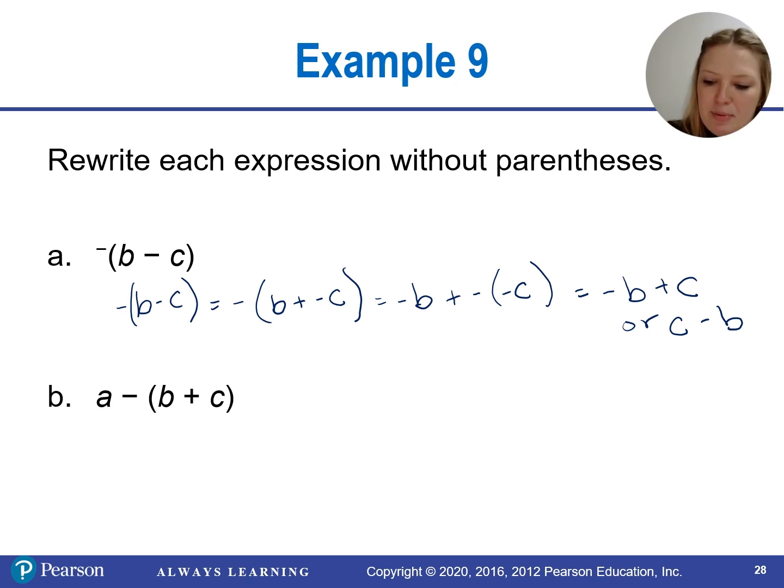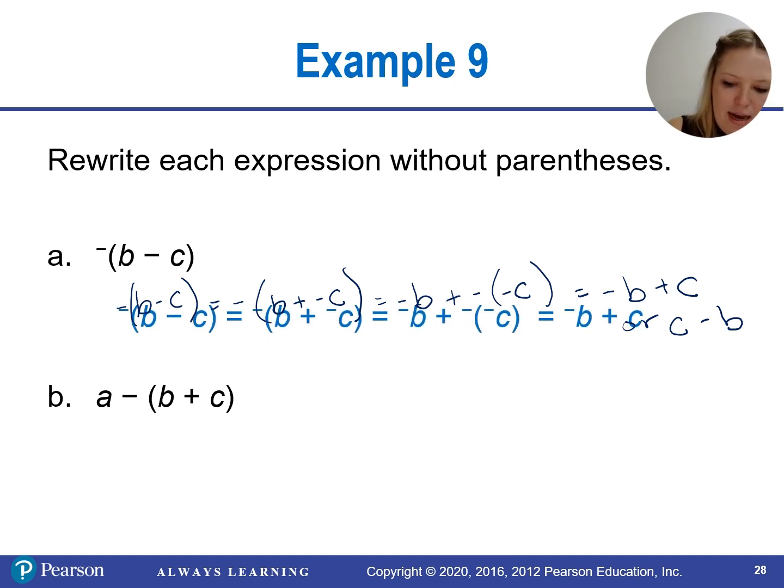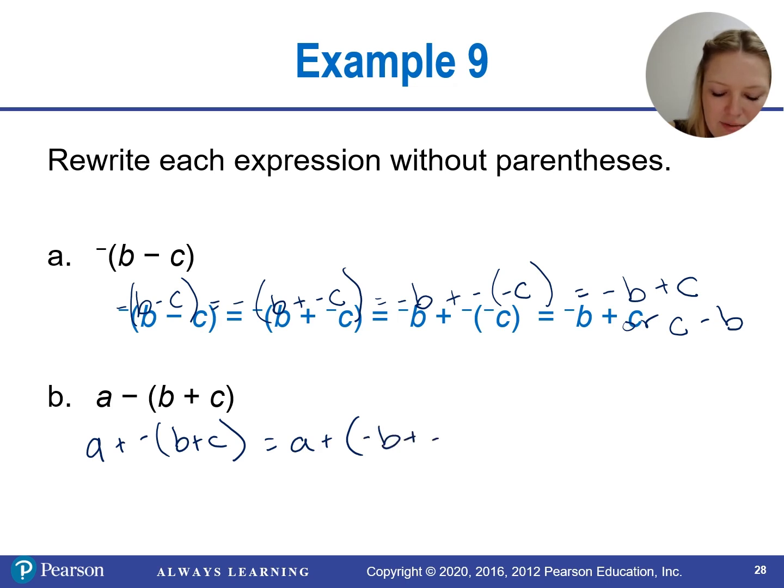A minus the quantity b plus c I can simplify by subtracting b plus c as adding the opposite of b plus c. The opposite of b plus c is the same thing as negative b plus negative c.